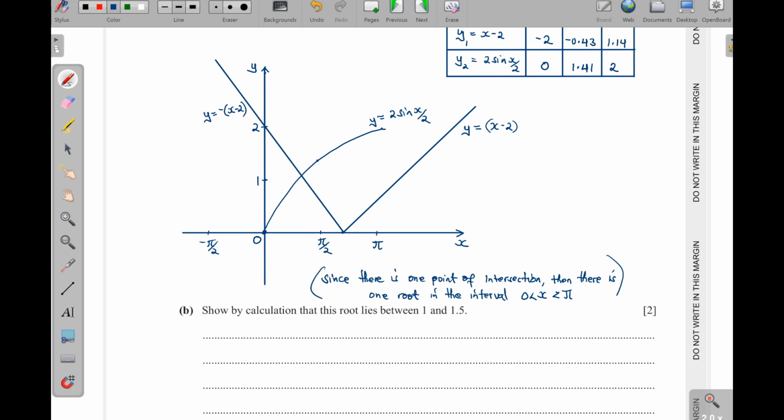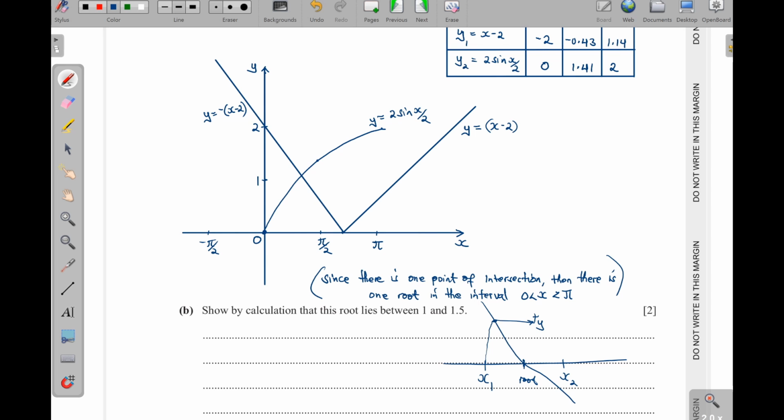Then part 2, show by calculation that this root lies between 1 and 1.5. Now, if I have a graph, yes, this graph here cuts the x-axis. Where it cuts the x-axis is our root. Here we are having an x value, and here we are having an x value. This x value, when substituted in the function, gives us a value of y which is above the x-axis.